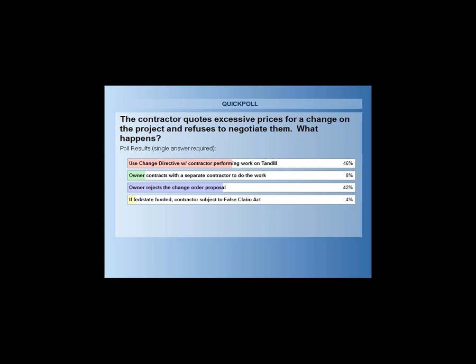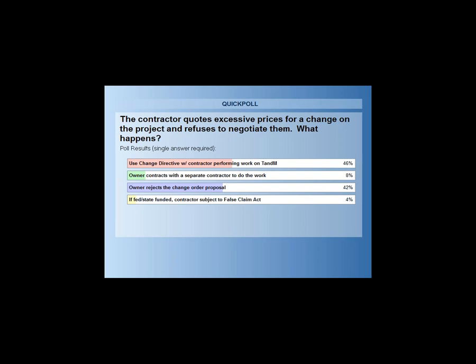We see that frequently, especially projects that have requirements for a specified overhead markup or general conditions that are tied to a specific number, and they're just not catching it in the paperwork.